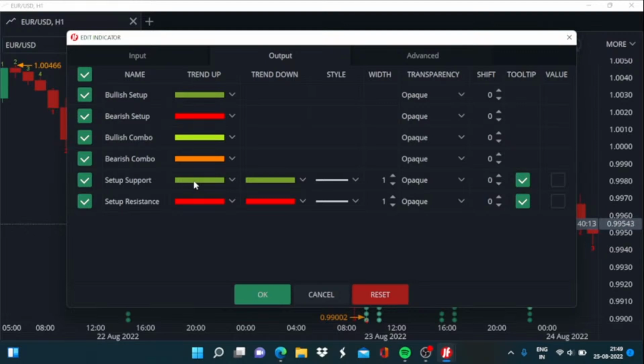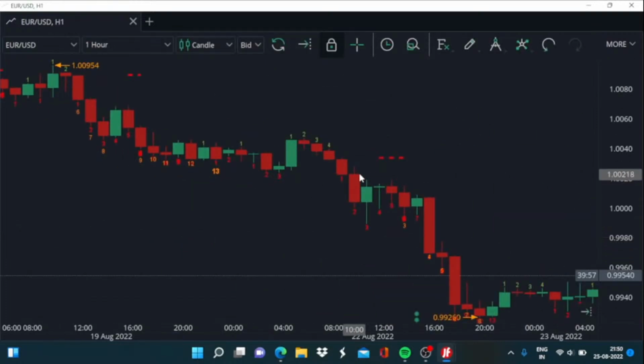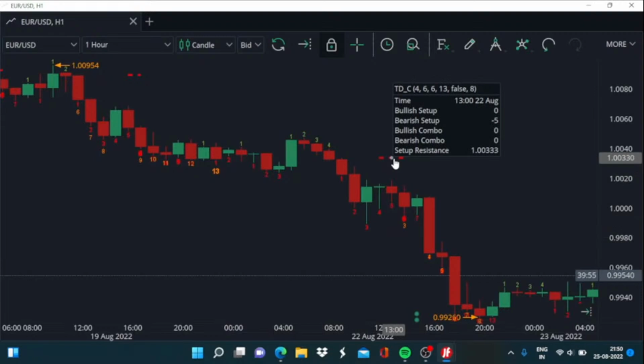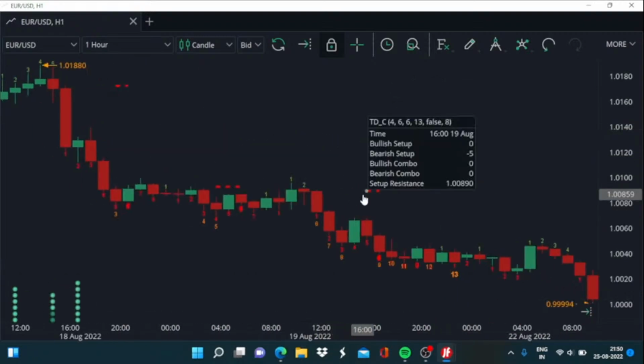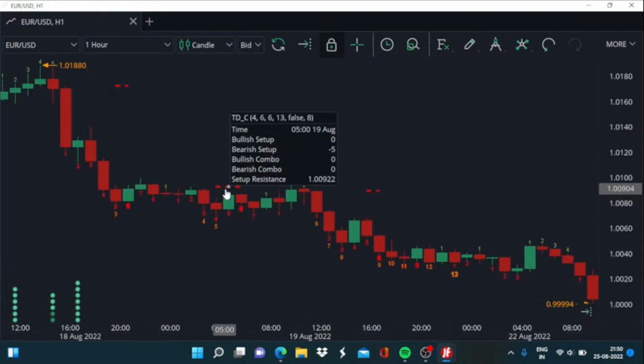Then we also get these support and resistance levels bronze, which we can style up. Suppose if you want it to be looking a bit stylish and also more prominent, all you have to do is increase its width. So here we have these setup resistance of the TD combo defined on the same levels.